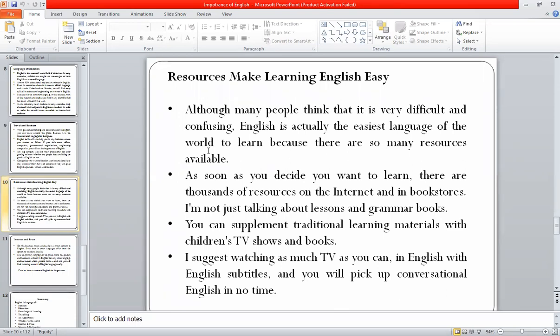So if you are using the library of our college, then you will find there are many books which are related to personality development, or regarding your technical subjects, or regarding different arts and science subjects.